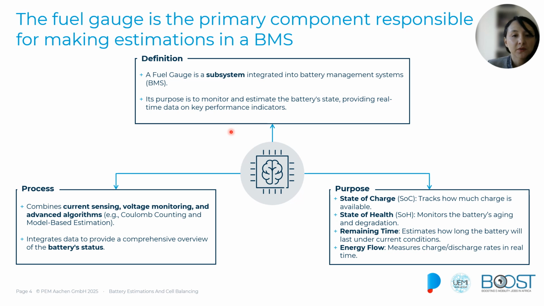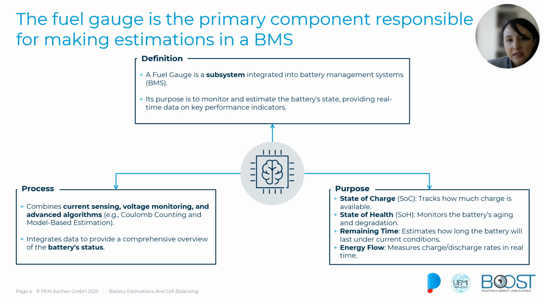It will always continuously check the battery voltage and access this information to know the overall charge level and the overall health of the battery. And also it will combine estimations like Coulomb counting or model-based estimations to be able to calculate the state of charge, the state of health, and the remaining battery life with high accuracy.